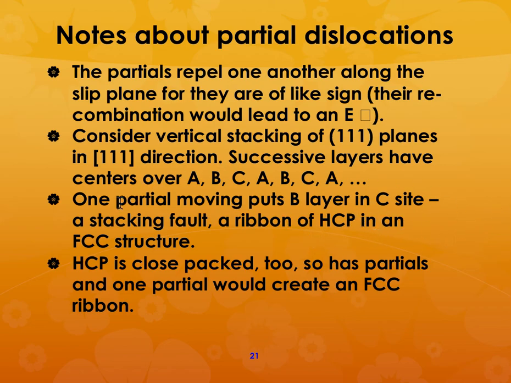If you have a partial dislocation in an FCC material, you are actually making a ribbon of hexagonal close pack structure in an FCC structure. And HCP also is close packed. So if you have a partial dislocation in an HCP type of structure, one partial dislocation will create a ribbon of FCC material.